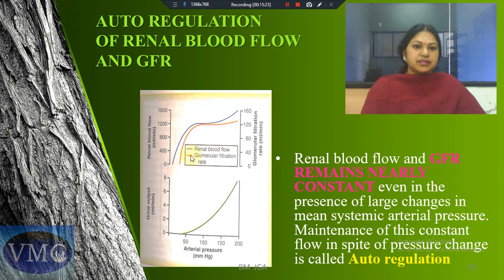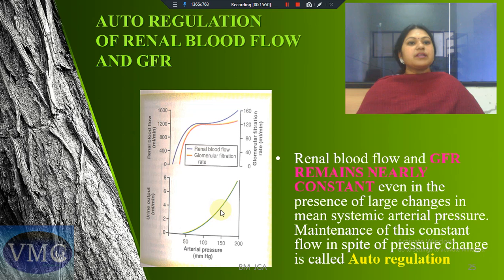Here you can see in this diagram, this is renal blood flow and this is glomerular filtrate. As the renal blood flow increases, the filtrate increases, but a constant glomerular filtration is maintained here, even when there is an alteration in your blood flow.